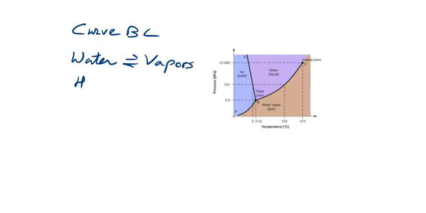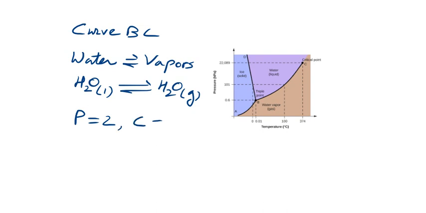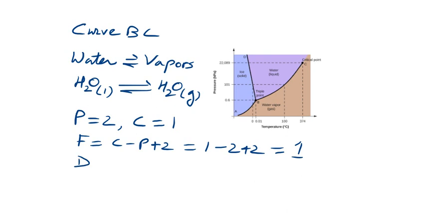Thus, H2O liquid is in equilibrium with H2O gas. And on the curve, both the physical forms coexist. That means two phases coexist on the curve, and thus P is equal to 2 and C is equal to 1. And in such case, F is equal to C minus P plus 2, that becomes equal to 1 minus 2 plus 2 is equal to 1. And degree of freedom is 1 on the curve.